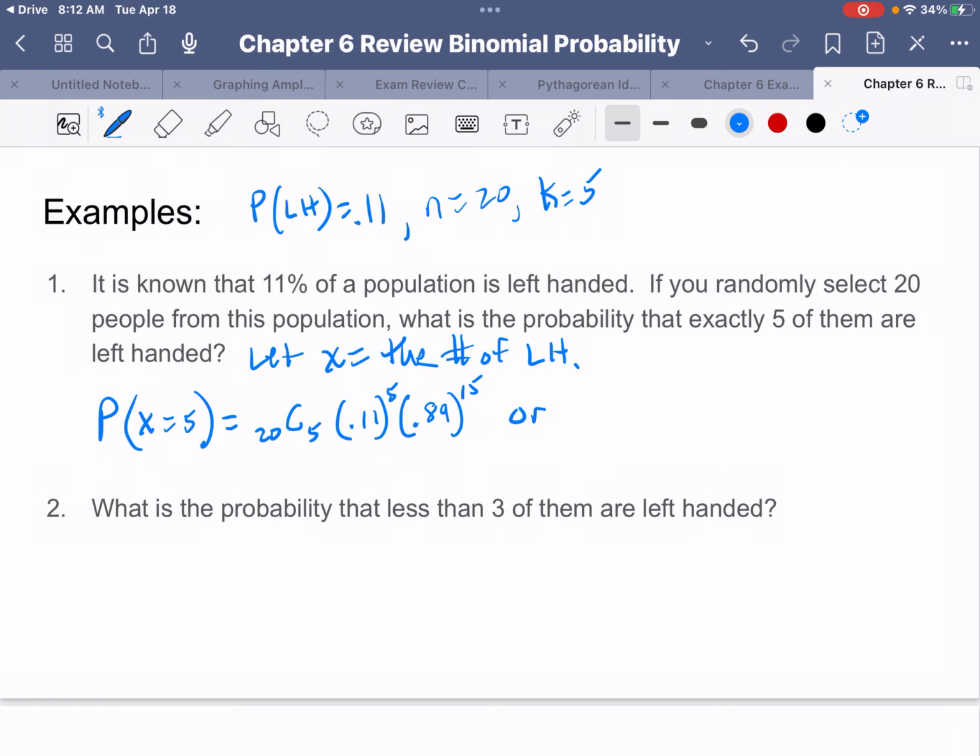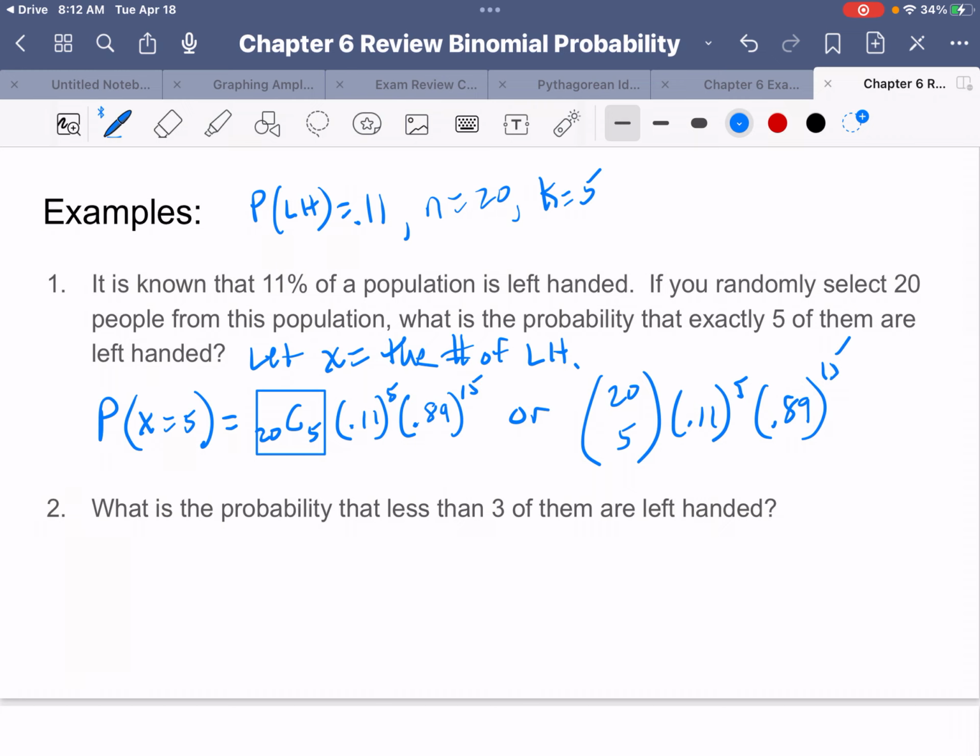Now, you might remember I told you sometimes instead of putting 20C5, they use this other notation where they put 20 stacked on 5 in parentheses. So you could see this as the answer in a multiple choice setting.